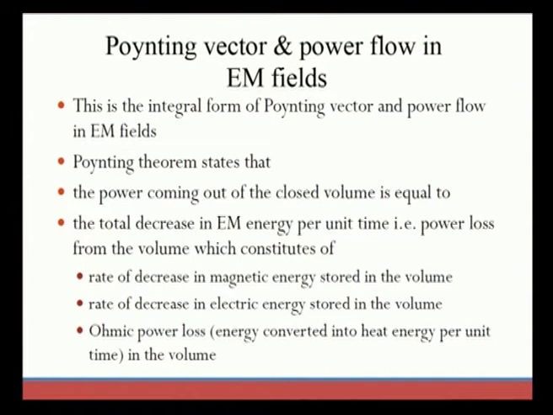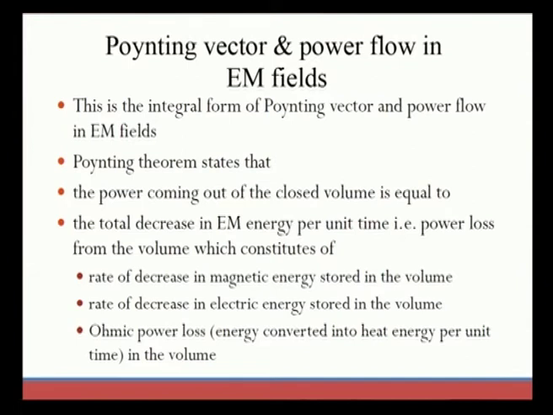So, what exactly does the Poynting theorem state? It states that the power coming out of a closed volume is equal to the total decrease in electromagnetic energy per unit time, that is, the power loss from the volume.